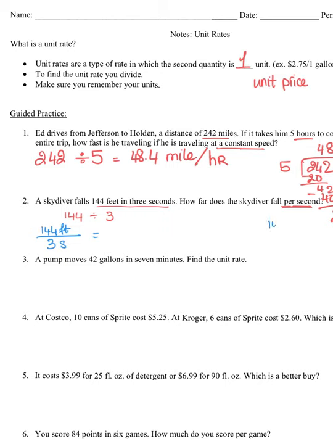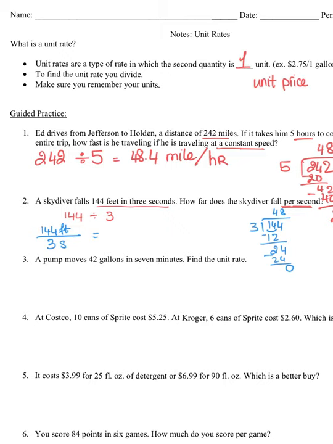So 144 divided by 3. 3 going into 14, how many times? 4 times. 4 times 3 is 12. 14 minus 12, I got 2. Drop down the 4. 3 going into 24, 8 times.